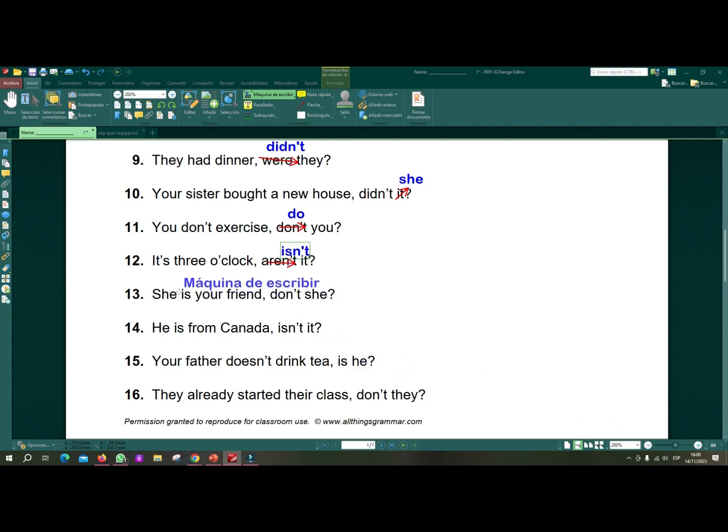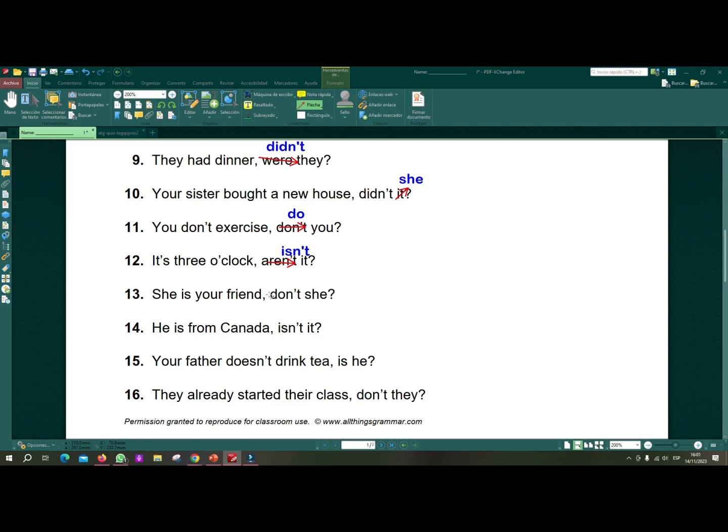13. She is your friend, don't she? Mr. Mario, which could be the mistake here? She is your friend, don't she? She is your friend. Does she? No. Which verb do you have here?